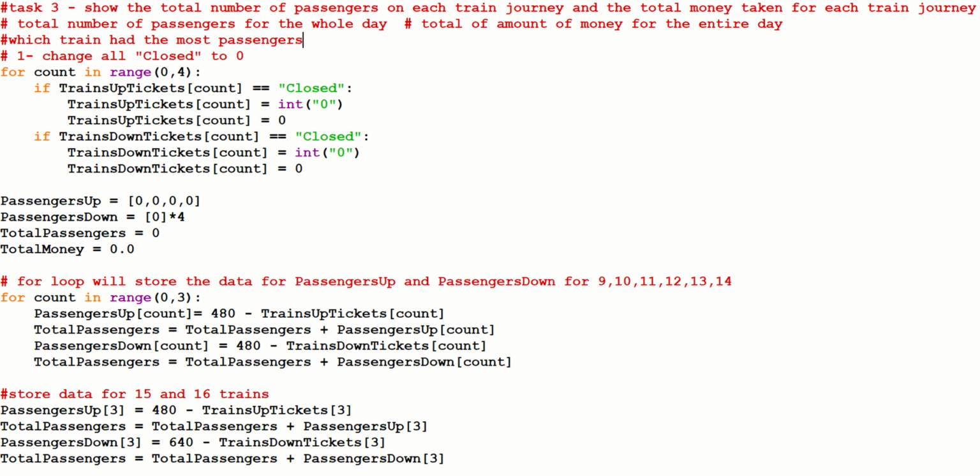So task 3: show the total number of passengers on each train journey and the total money taken for each train journey.